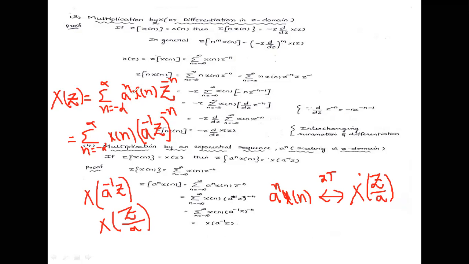Minus into minus is a plus, so it becomes a power n and z power minus n. Instead of z in the definition of the Z transformation, we have a inverse z. That is the scaling in the z domain. How much is the scale? 1 by a is the scale, whenever a power n is multiplied with the time domain signal x of n.